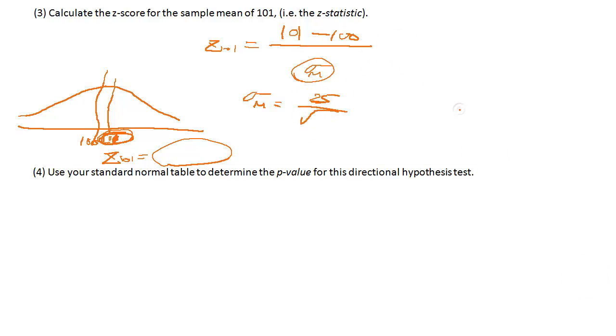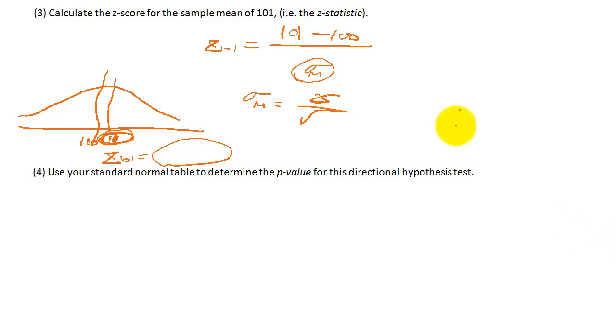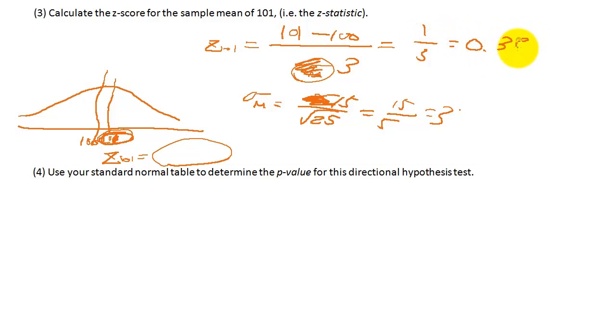Wait a minute, I don't remember the standard deviation. Oh, 15, that was 15, my bad. So 15 over the square root of the sample size, 25, so here 3, that means 0.33. Okay, so it's 0.33.